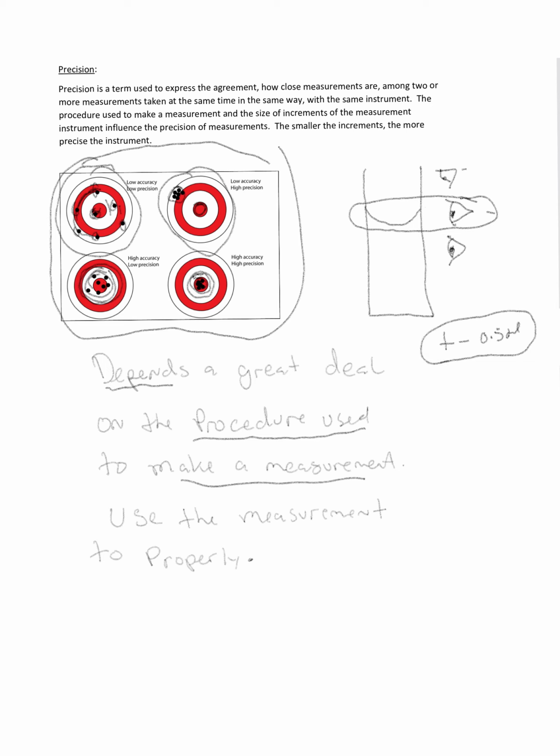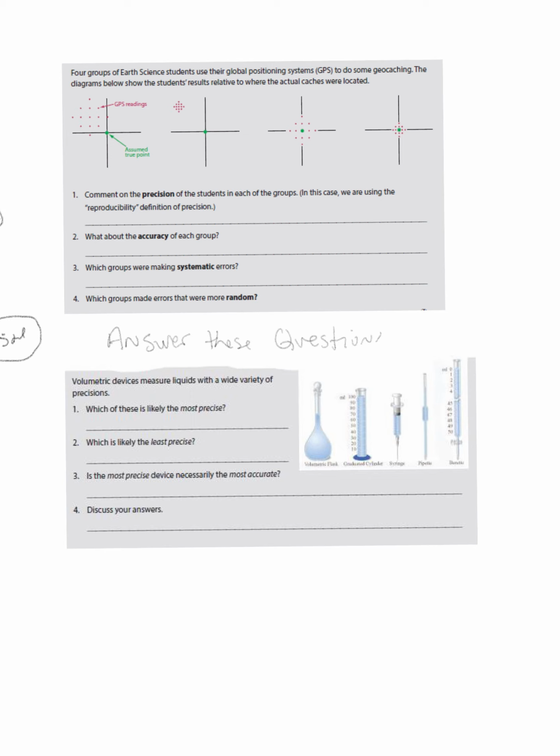How we use it, if we're using it properly, is going to affect the precision. Now this next page, I'm asking you to answer these questions with what we had talked about.